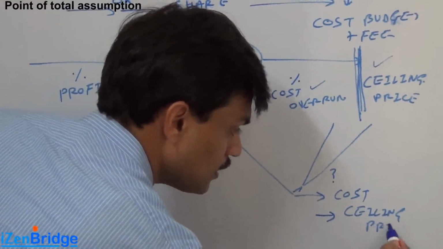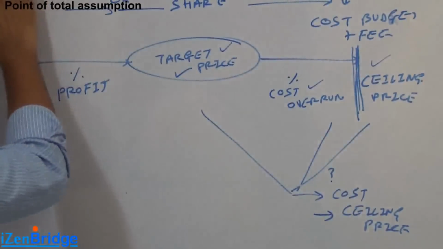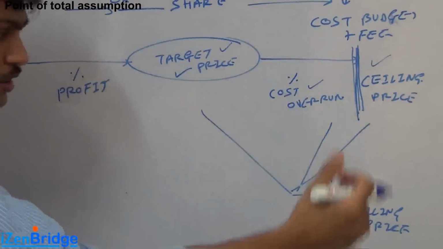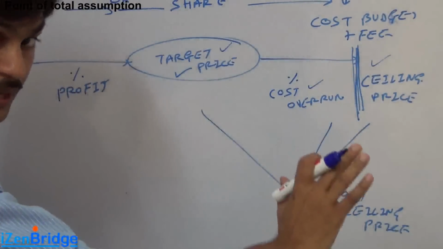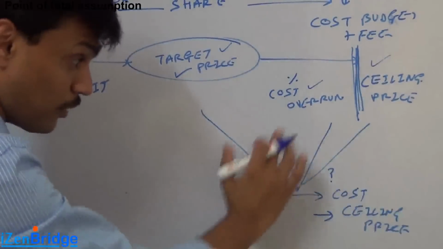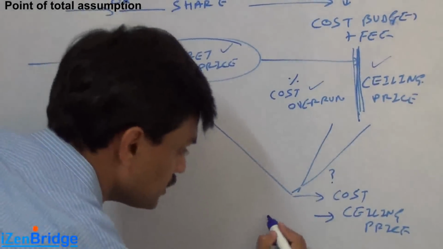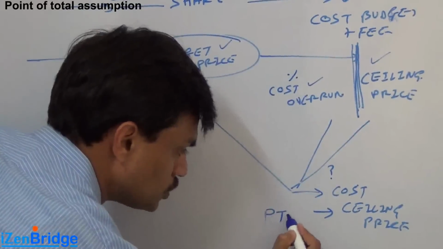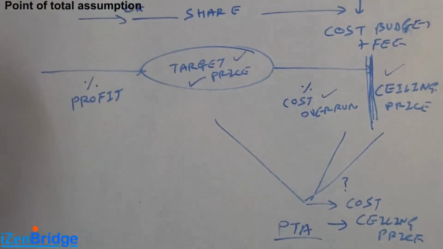Meaning the buyer's payout will reach this and he will not pay anything extra. He's thinking about that. And this particular thing is called point of total assumption.